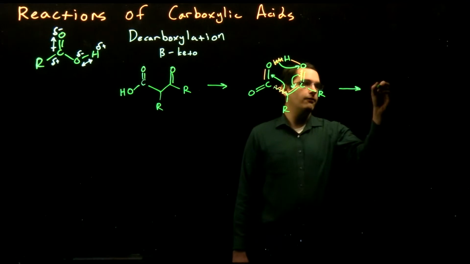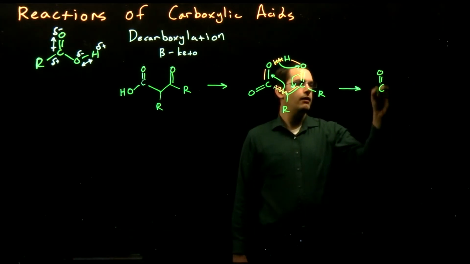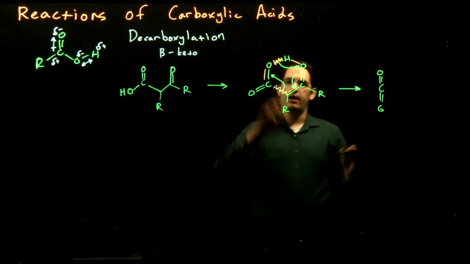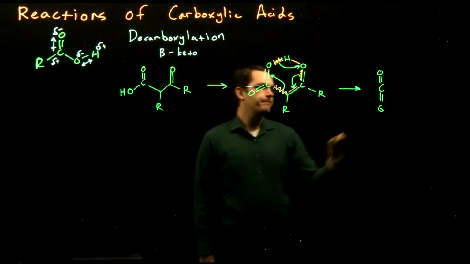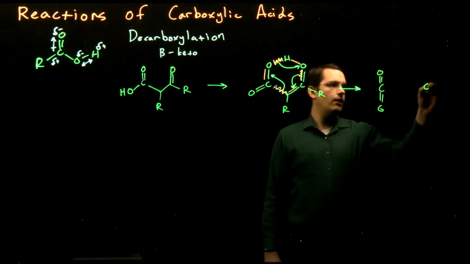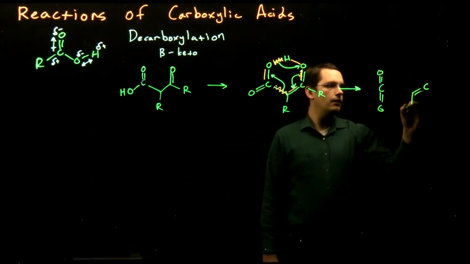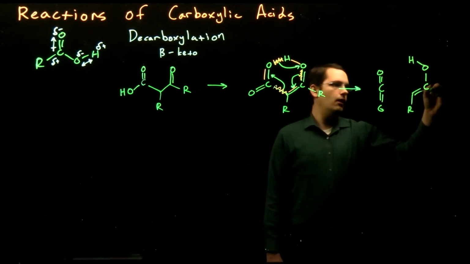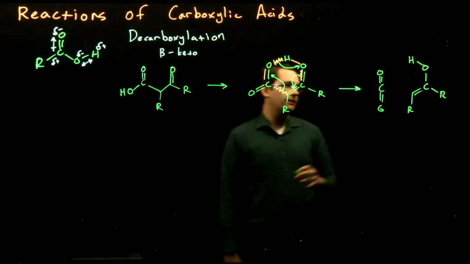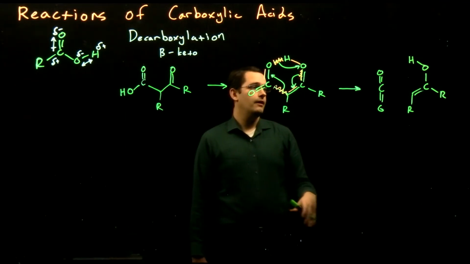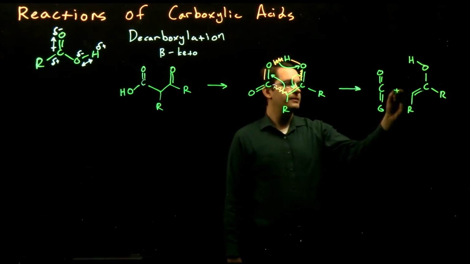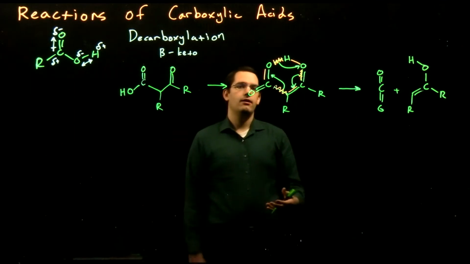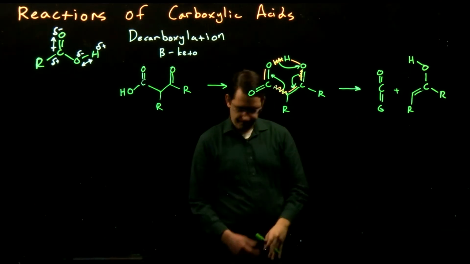So now we're going to have our carbon dioxide from our carboxylic acid over here. And on the other side we have our carbon with the double bond and our alcohol, and of course our carbon groups attached over here. So again, our carboxylic acid has been eliminated from our molecule.